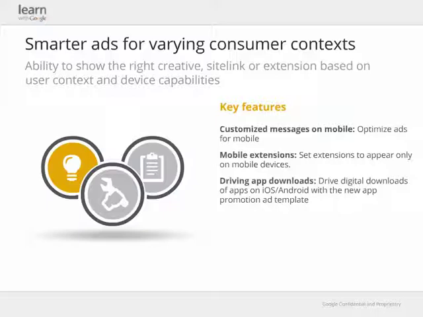So when you're actually going into the UI, it shows you how you can actually build out specific creative that targets accordingly as well. The one thing I will highlight as well is advanced site links, so the ability to manage individual site links in customized ways at the campaign and ad group level. So these are kind of the key features that help drill down that specific targeting capability as well.